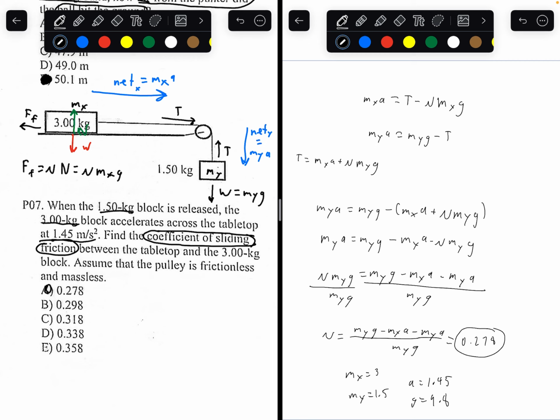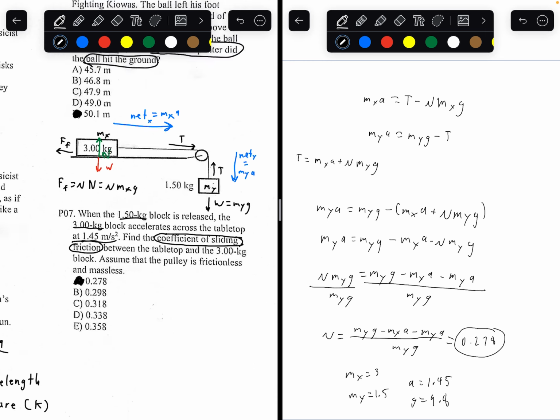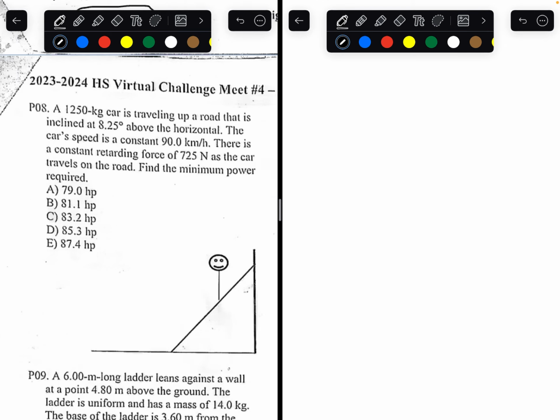So the answer to number 7 would be A, 0.278.